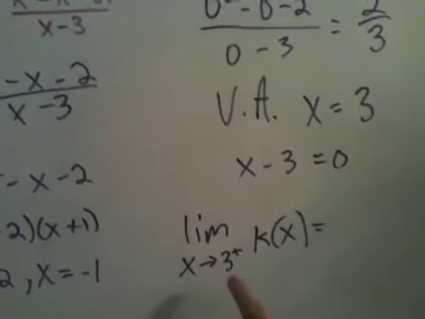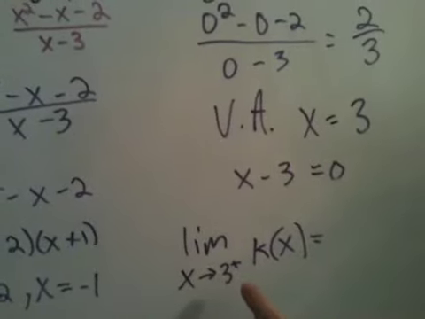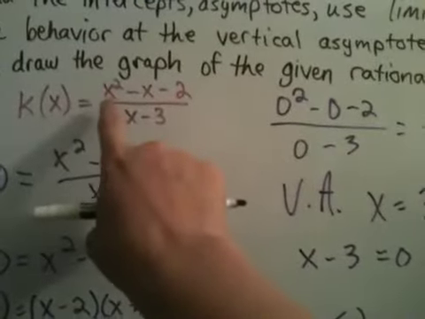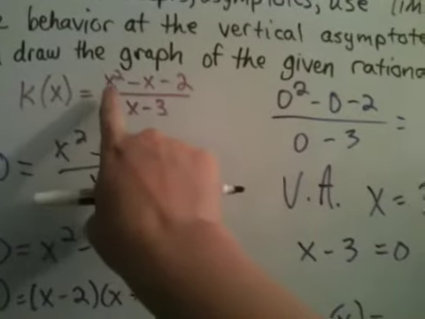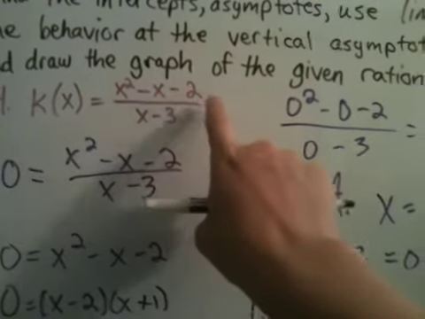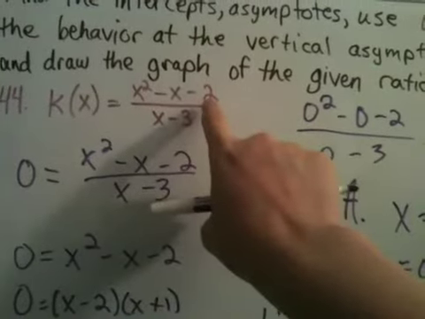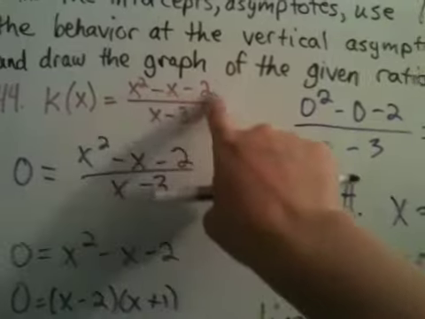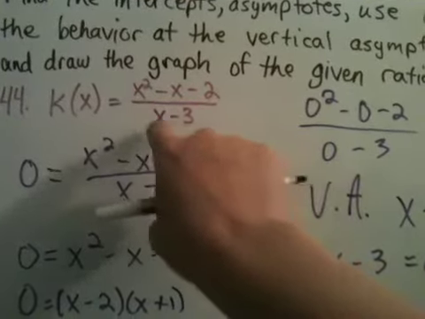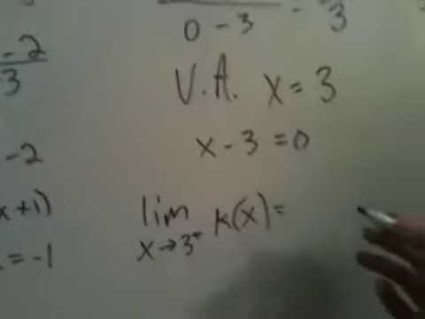So as I get closer and closer to 3 from the positive direction, like 3.01, if I plug that in up here, then I get something a little bit bigger than 3 squared minus something a little bigger than 3 minus 2. Those will basically cancel each other out almost, leaving us with a negative number. And then something a little bit bigger than 3 here gives me a positive on the bottom. So a negative over a positive means this will be negative infinity.